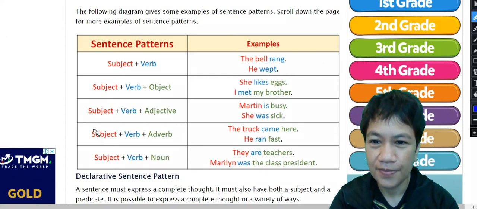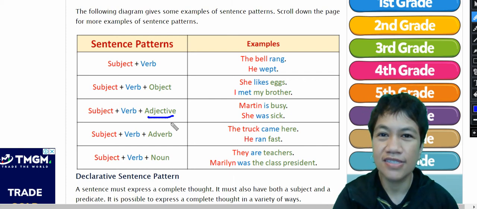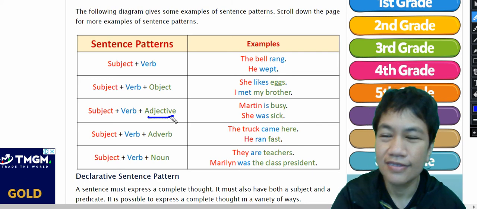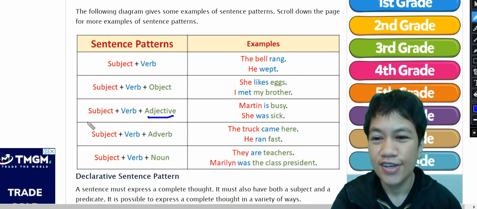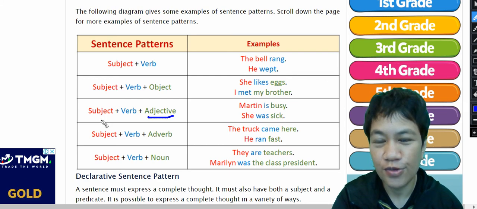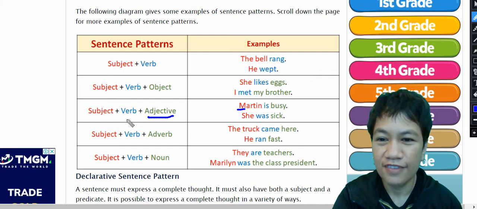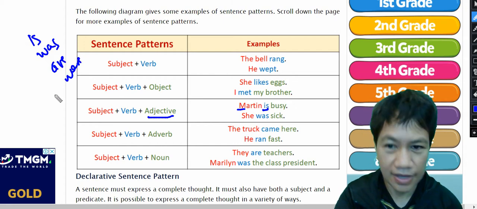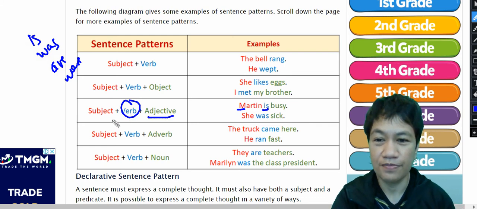Next is subject, verb, adjective. Do you know what adjective is in Malay? Kata sifat. Okay. For example, hot, cold, or here busy, sick. So as usual, you have the subject. Who is the subject? Here you are given Martin is the subject. The verb is. Okay. Is, was, are, were can be used as the verb and also linking verb.